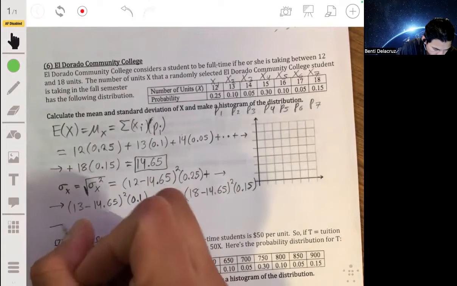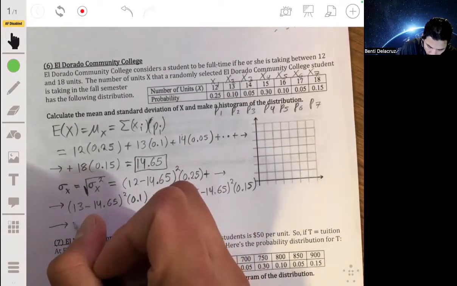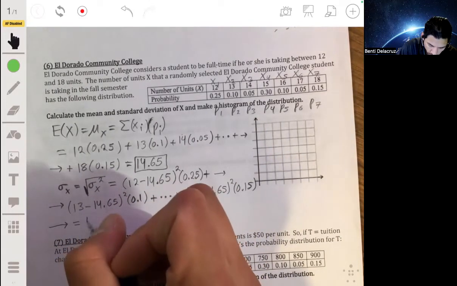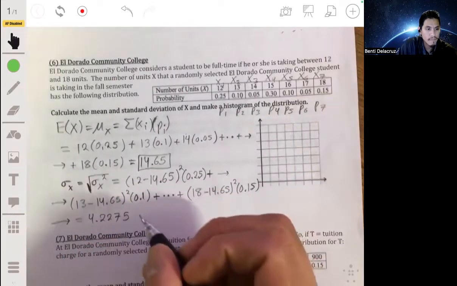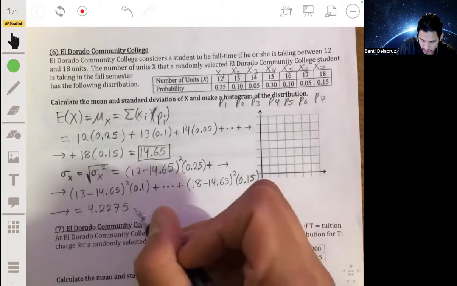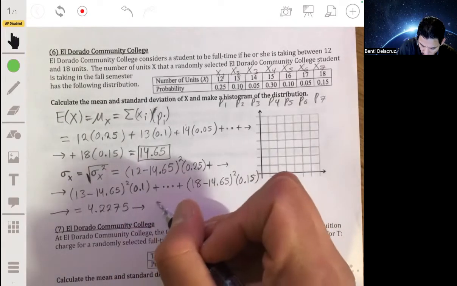What you're going to get is that this adds up to about 4.2275. This is the variance, and so the standard deviation will be the square root of this.